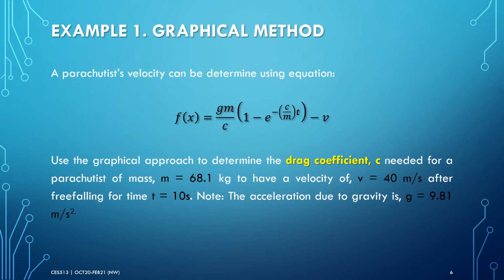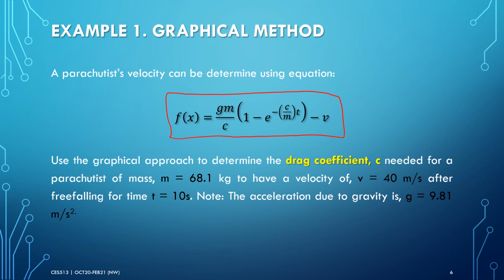Okay, let us take a look at example 1 for the graphical method. A parachutist's velocity can be determined using the equation of f(x) here. Use the graphical approach to determine the drag coefficient c needed for a parachutist of mass m equal to 68.1 kilograms to have a velocity of v equal to 40 meters per second after free falling for time t equal to 10 seconds.